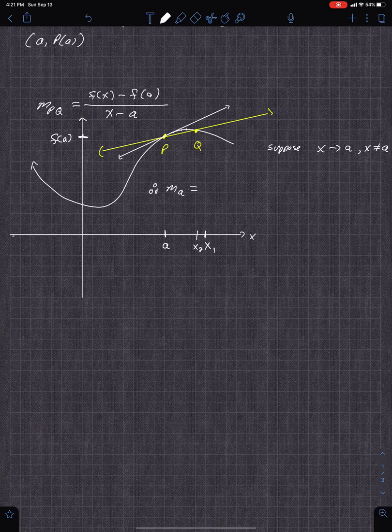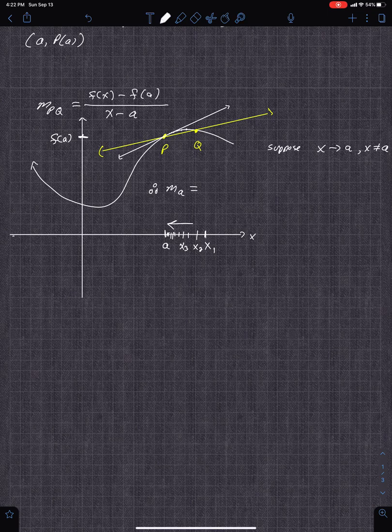Then you're going to get closer and closer, x1, x2, x3, etc., all the way in, approaching a. Now it can come from the other side. We could have x values over here, and then your secant line would be like that, and eventually you get that slope. So we can approach from either side, but we'll just keep it this side right now.